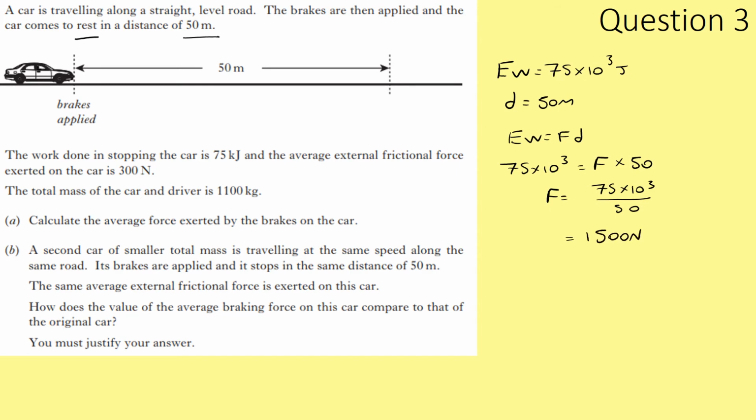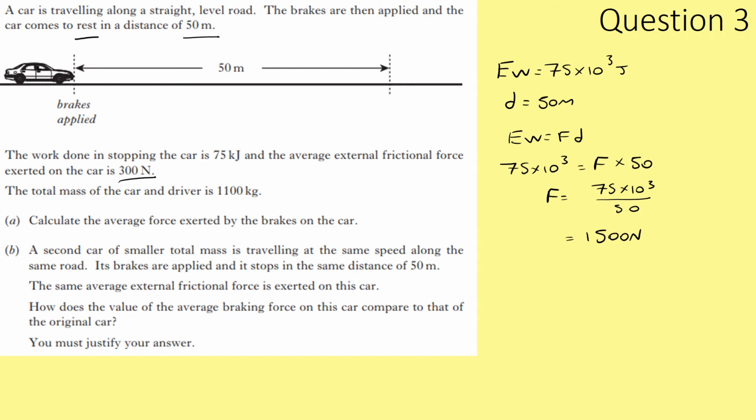But remember, 1500 newtons is the total force that needs to be applied over the distance in order to bring the car to a rest. Not all of that force is being provided by the brakes. Some of that force is also being provided by the external frictional force in the question, which is 300 newtons.